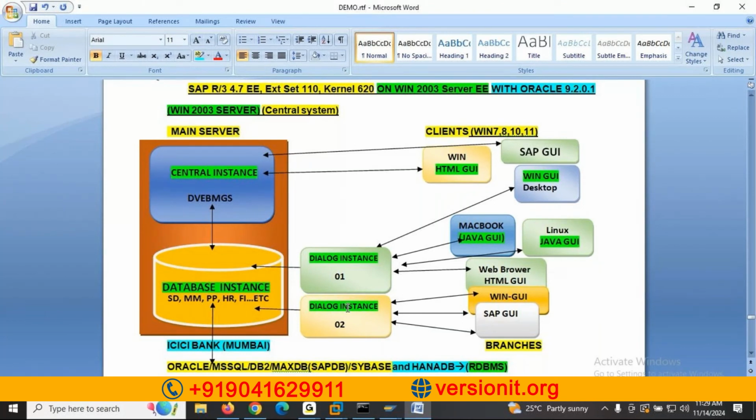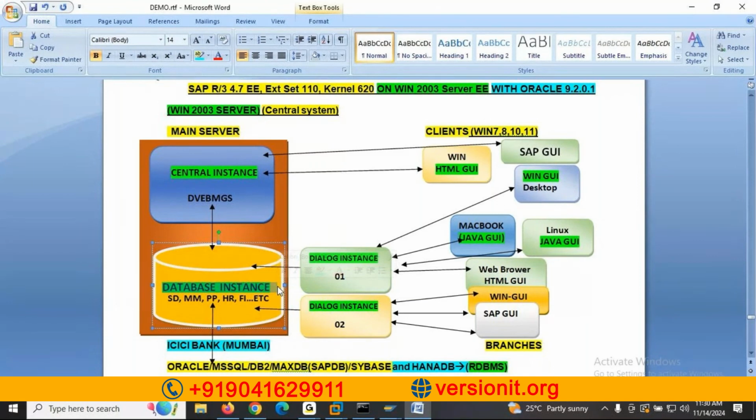Like the central database, which is called the DB instance.